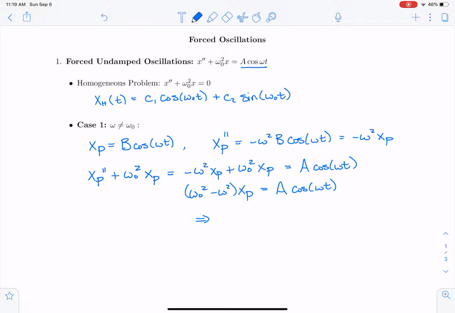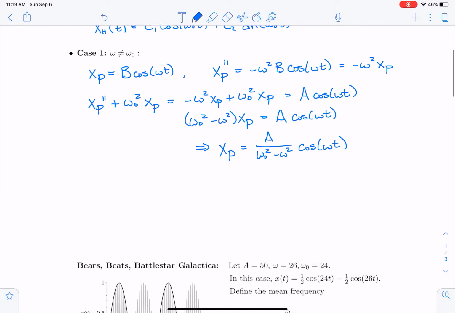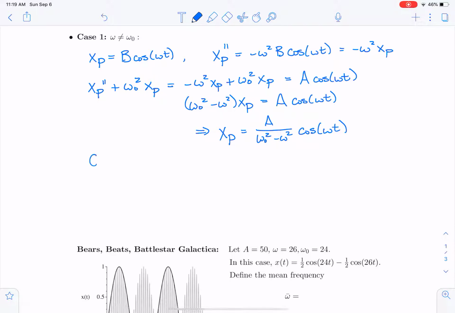Here, we can see that xp is equal to a over omega 0 squared minus omega squared, times cosine of omega t. And that is our particular solution. I encourage you to go back and check that this is the particular solution by substituting it back into the differential equation.